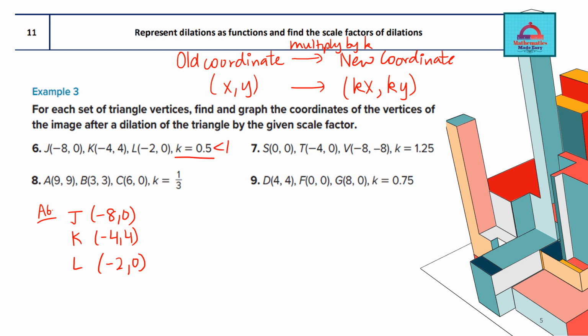That means the new coordinates would be reduced. So when you multiply it with 0.5, the new coordinate will be J prime, K prime, and L prime. So multiply with 0.5 is same as dividing by 2. So you divide 8 with 2. So minus 4 comma 0 is the new coordinate, minus 2 comma 2 and minus 1 comma 0.